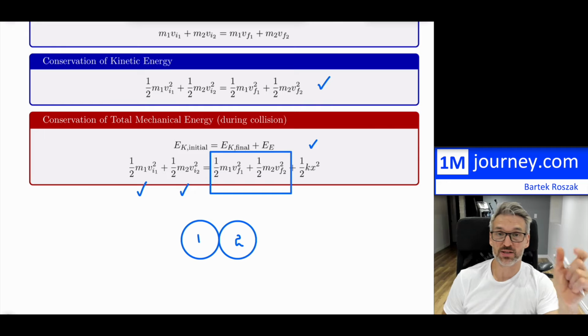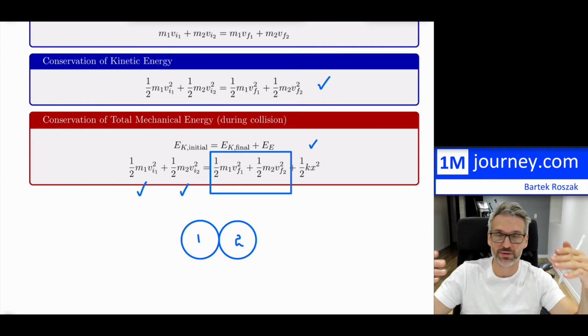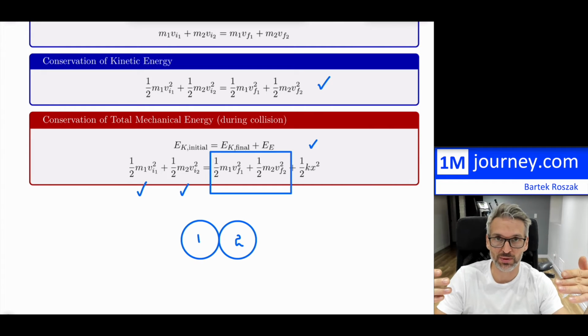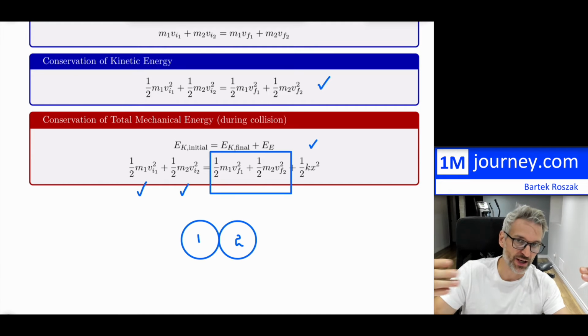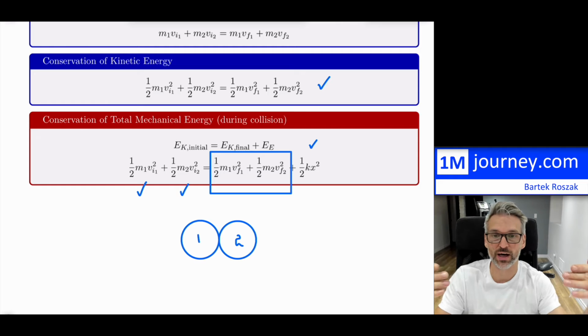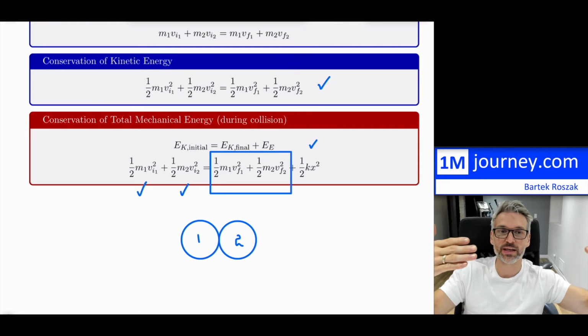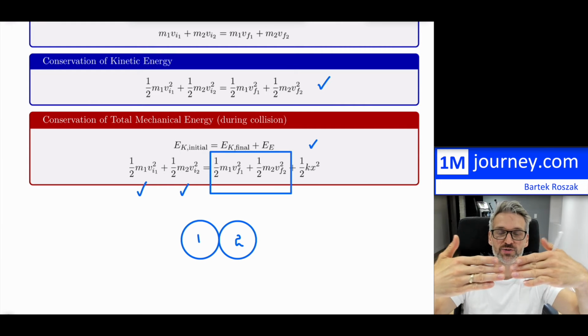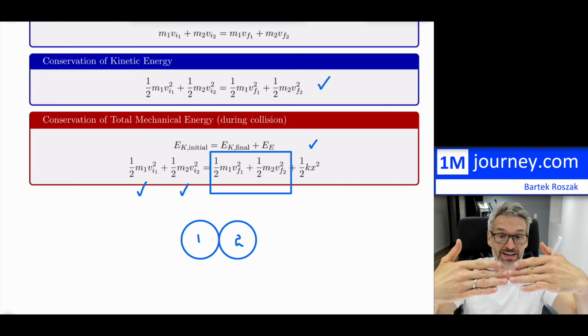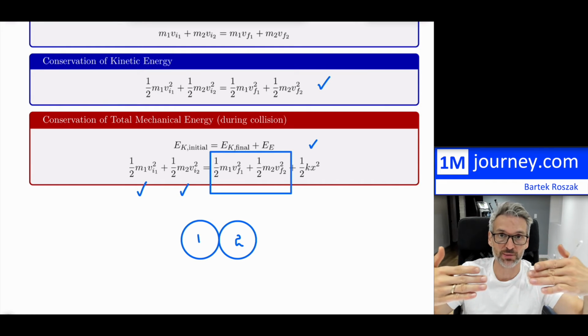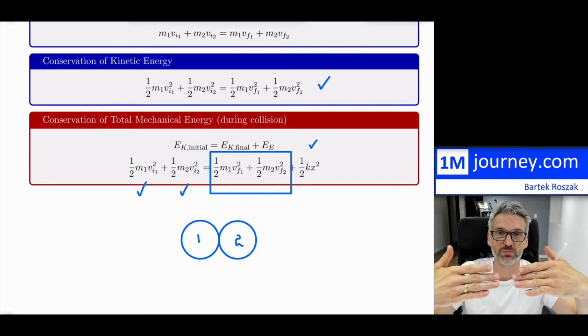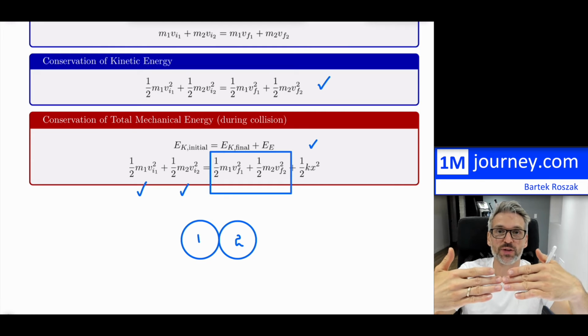Especially as they're moving towards each other, or they don't have to, they can certainly be moving away from each other, but one would have to be moving faster, the one that's trying to catch up, so that they actually do collide. But let's imagine that they're just going towards each other and then they're going to collide. They're not necessarily going to stop, because it depends on their masses and the speeds they're moving at, but they are going to slow down.